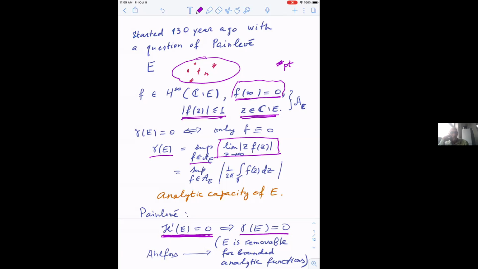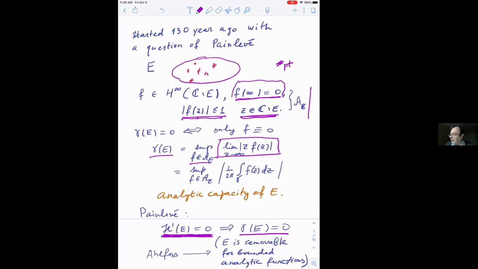You take the absolute value of this derivative, and take the supremum over all functions normalized here. And this is a number, and for compact sets, it will always be a finite number. We were mostly interested in whether it's 0 or not, but we're also interested in this number as it is.